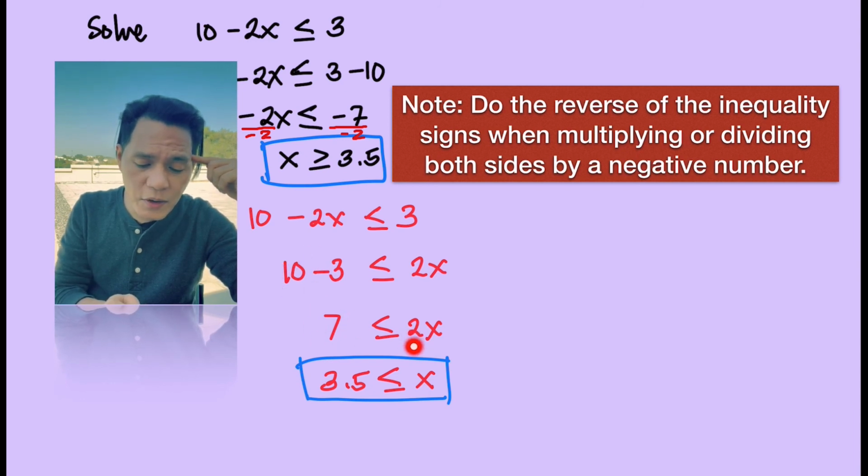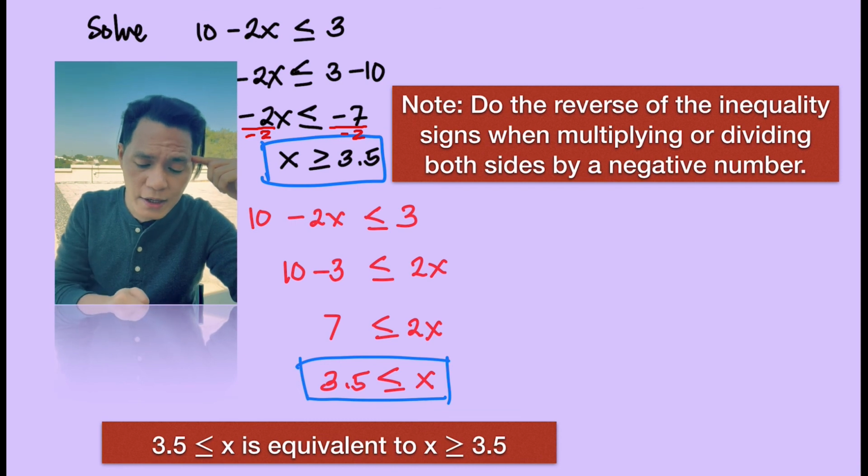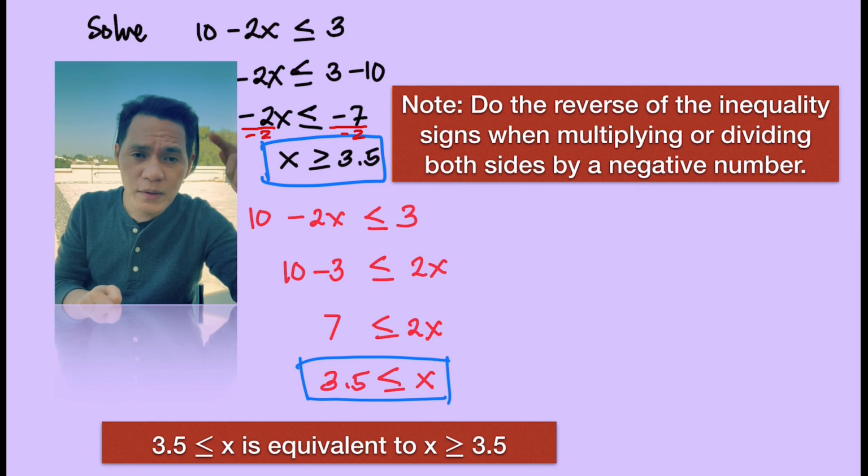And then there you go, dividing both sides by 2, you have x is greater than or equal to 3.5. They are the same, huh? Take note of that. This is also read as x is greater than or equal to 3.5. This is equivalent to the first one, which is also read as x greater than or equal to 3.5.